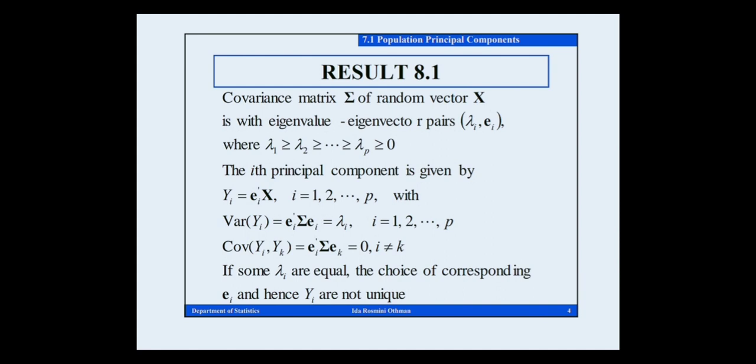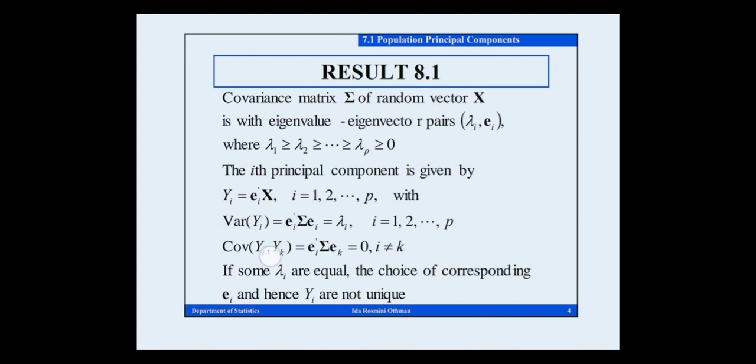Okay, yang kedua, the theorem that you need to know that the covariance between the principal components is always 0. How to prove this? Using this formula. Okay, EI maksudnya eigenvector that belong to first principal component.